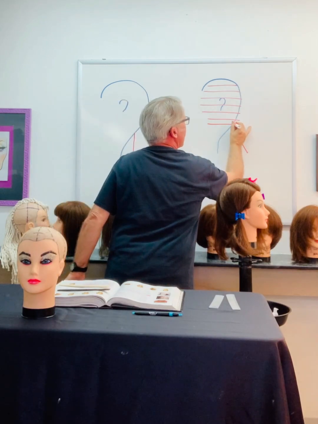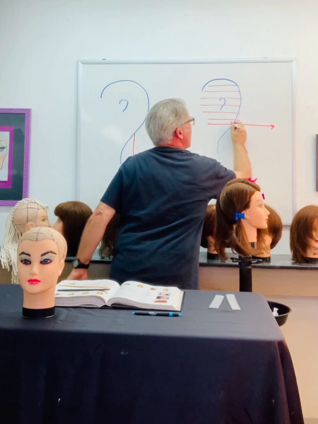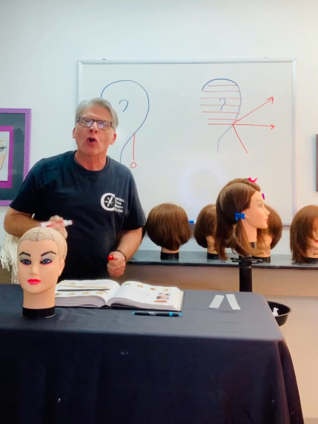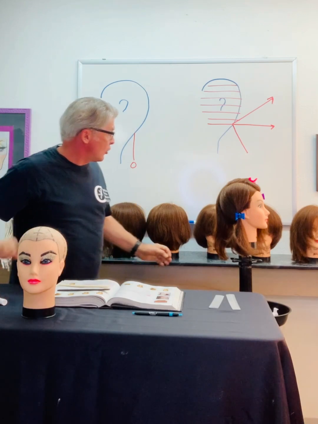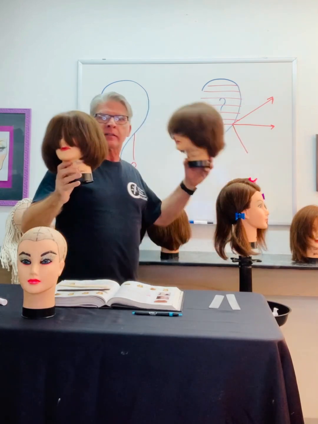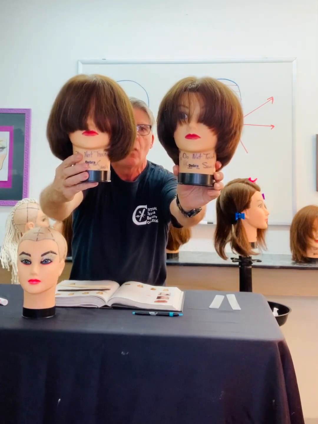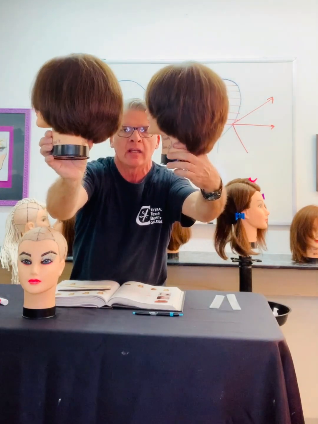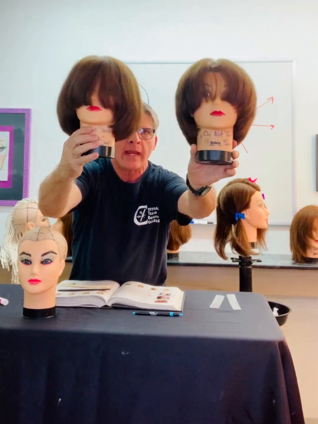The minute we're elevating the hair straight out or in an upward position, we are removing weight, meaning the haircut is getting shorter. Here's basically the same haircut. One is held at 45, one is held at 90. Notice this is more wedge-like. This is more rounded. That's why we're removing weight.